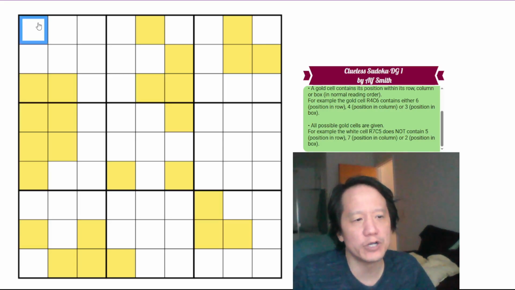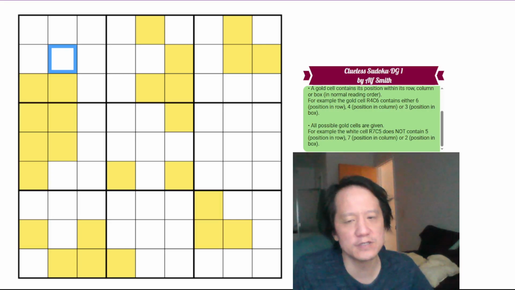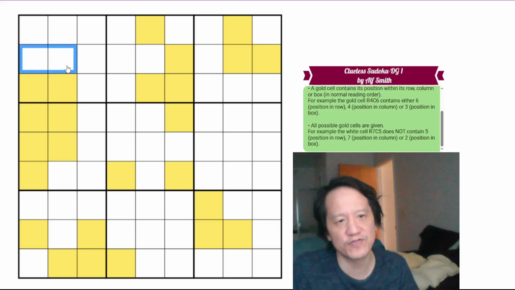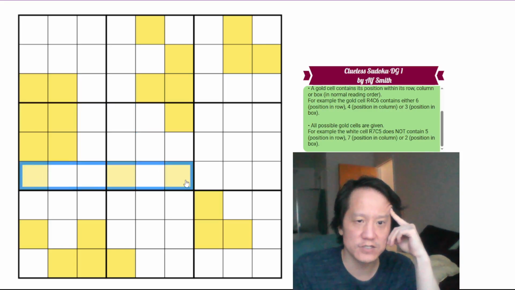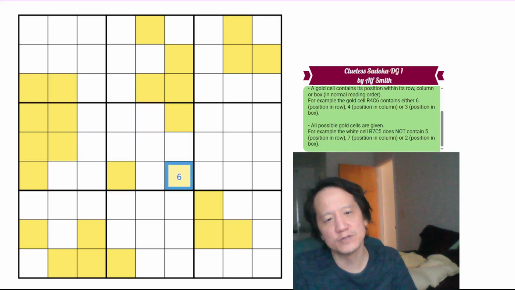Row 1, column 1 is the first in a box, so this is correct as a 1. However, 2 and 2 is 5 in the box. That doesn't work. 3 could be 1 if it were gold, but it's not. This could be 2 or 5 if it's gold, but it's not. Neither is this, neither is this, neither is this. This is 6 or 9, because it could be 6 in the row, 6 in the column, or 9th in the box.